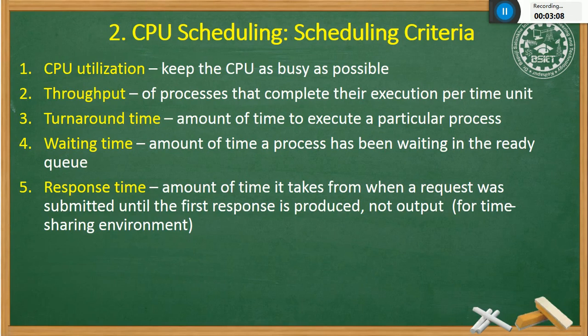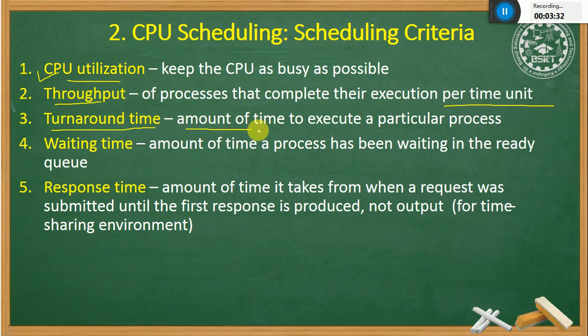So these are the 5 basic criteria for CPU scheduling. First, CPU utilization: your CPU must be continuously busy, it cannot be idle, so it must be maximum. Throughput: the number of processes executed by the CPU per unit time, so it is the outcome and it must be high.